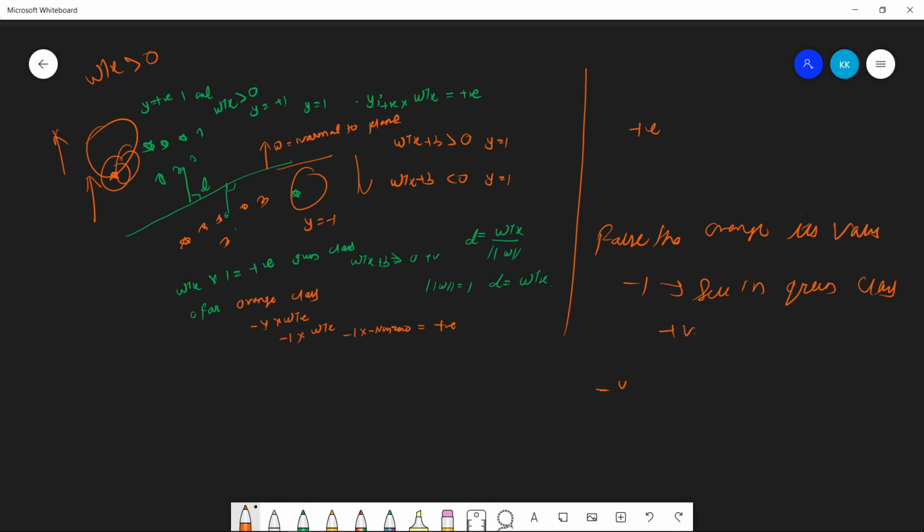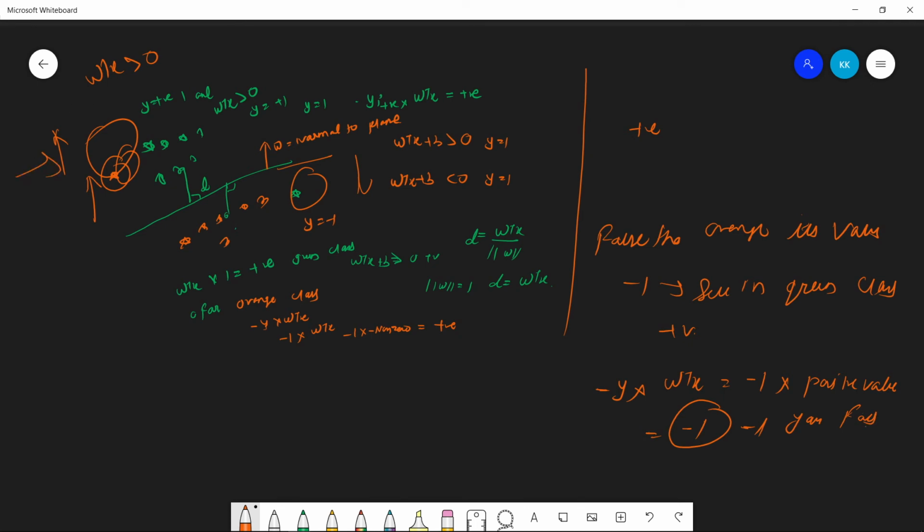So minus y into omega transpose x is minus 1 into some positive value, so the final output of this point is going to be negative. So this is the first case. If your value is negative, you can consider that the point is falsely classified.